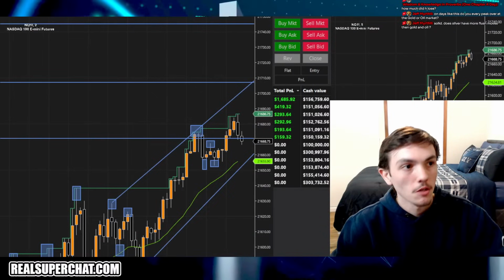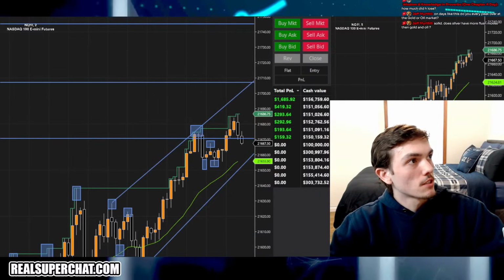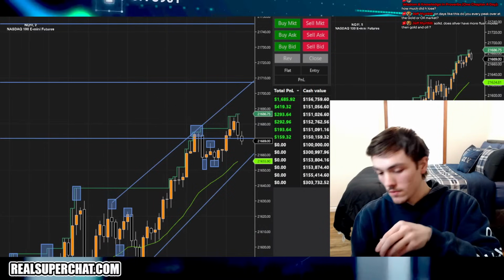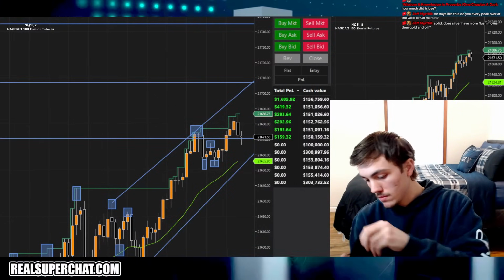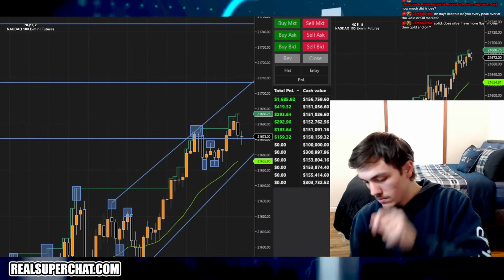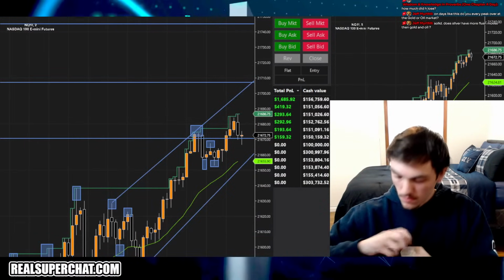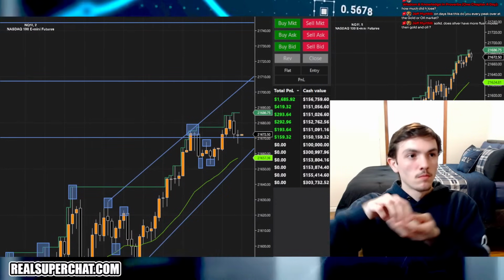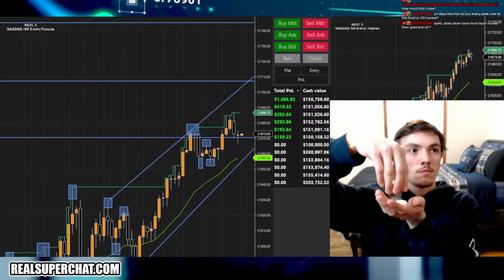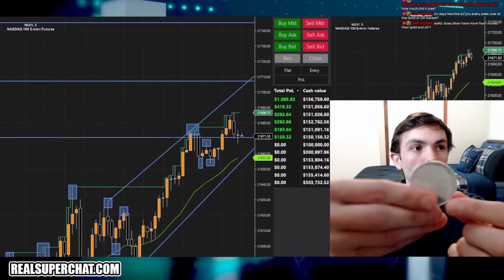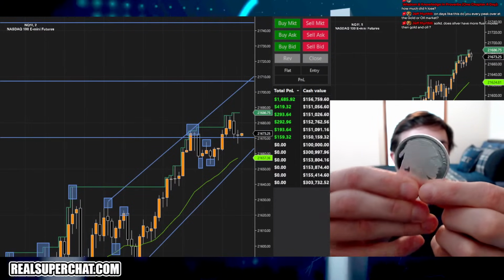I love silver. Something about silver, man. The 1 ounce silver buffalo coins.